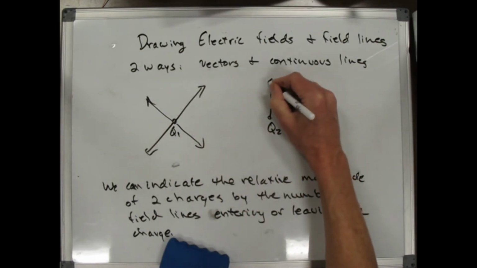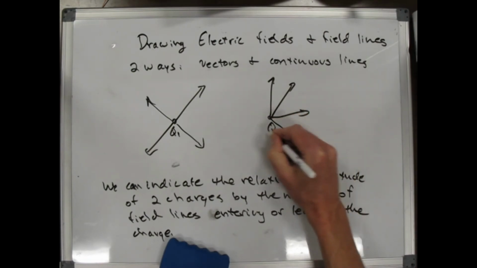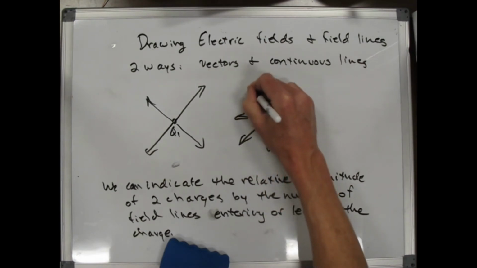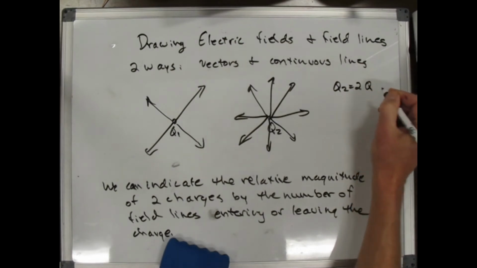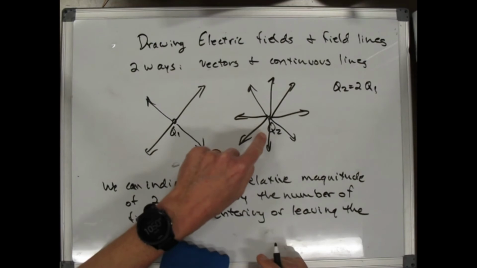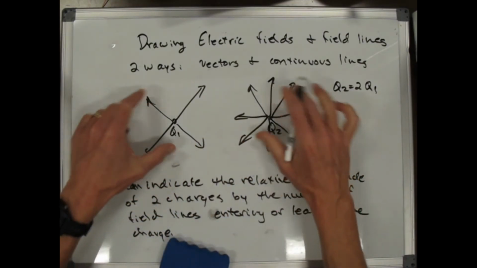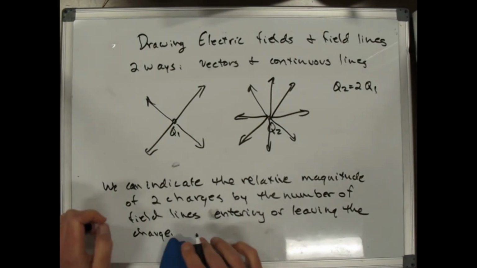But Q2 has more. So this could be like a 5 nanocoulomb or an 8 nanocoulomb, and this could be a 4 nanocoulomb. And so I can indicate that drawing-wise by the number of lines that are emanating from the charges.